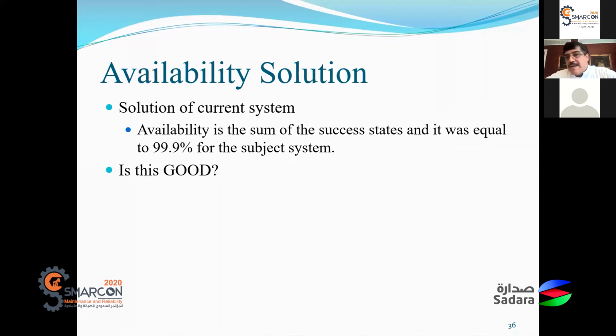Imagine telling a facility manager that your system is reliable, 99%, and it's only going to be out of service for 3.5 days a year. I don't think they're going to like this very much. So don't get so hung up with numbers like 99 and 99, but 99.9 is actually a good number.